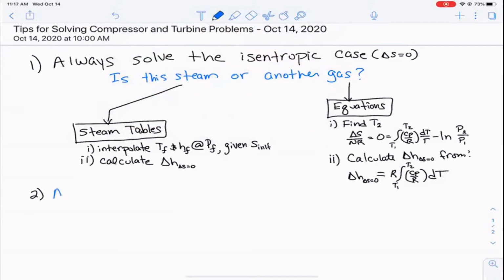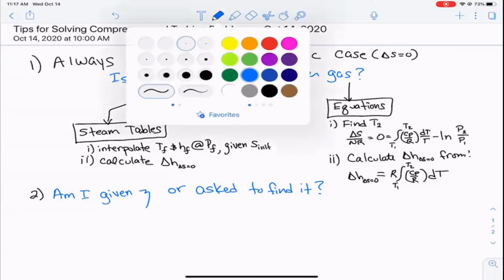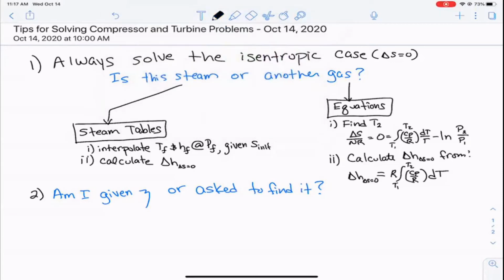Am I given the efficiency, or am I asked to find it? And you're going to follow two different pathways depending on which one.